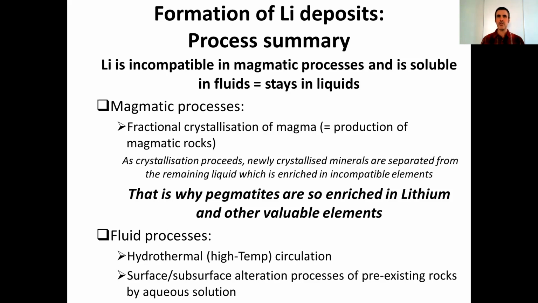Through magmatic processes, fractional crystallization of the magma, that's the production of magmatic rocks, as I said, as crystallization proceeds, newly crystallized minerals are separated from the remaining liquid, which is enriched in incompatible elements, and that includes lithium. That's why pegmatites are so enriched in lithium and other valuable elements.